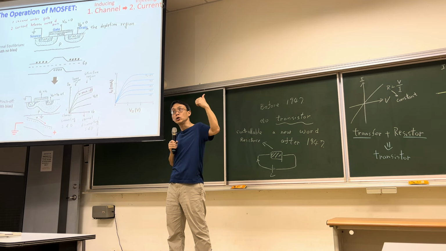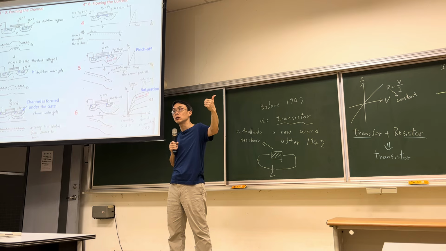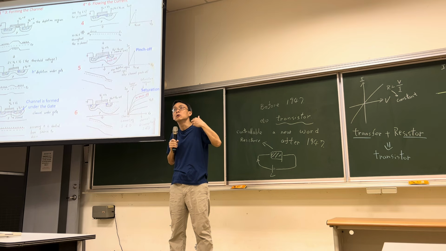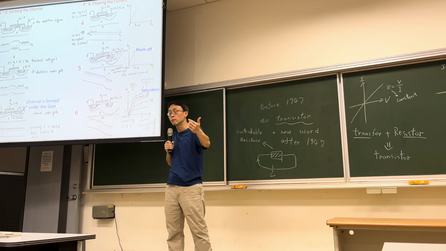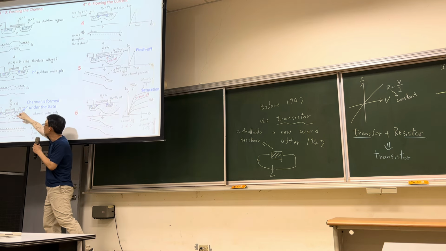So that's the two steps. First step, to induce a channel, to make it conductive between source and drain, so that you can flow the current between the two terminals. And then you need to keep increasing the drain voltage.